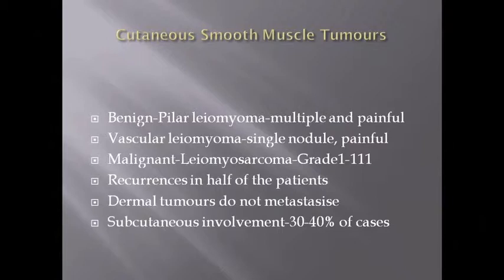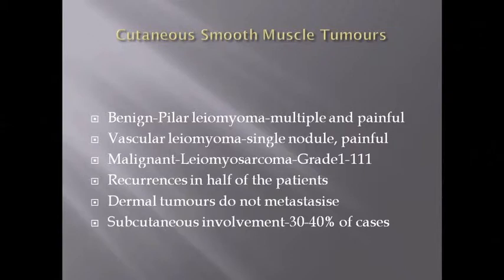And when the tumor is purely dermal, it rarely metastasizes, but when it involves the subcutaneous fat, they do metastasize. And subcutaneous involvement is seen in about 30 to 40% of cases. That is in summary, cutaneous leiomyomas or leiomyosarcomas.